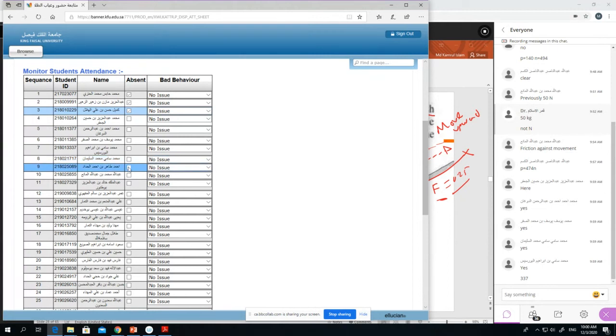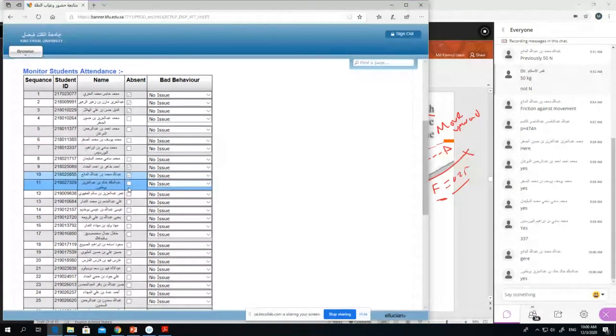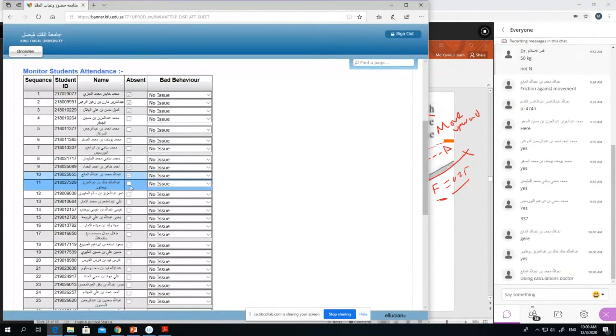So Ahmad Tahir absent. Abdullah Muhammad bin Abdullah absent.